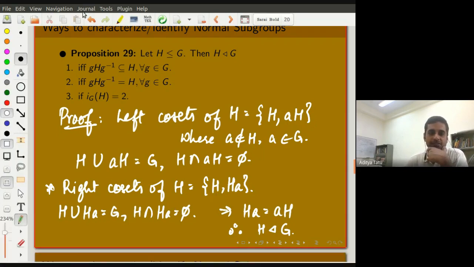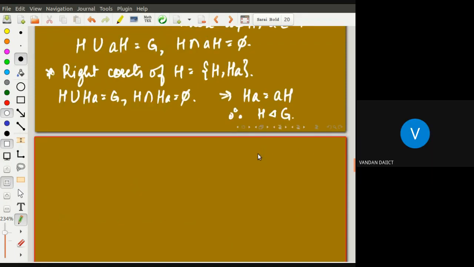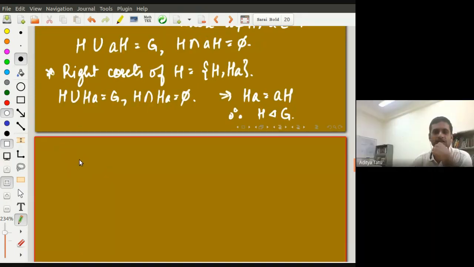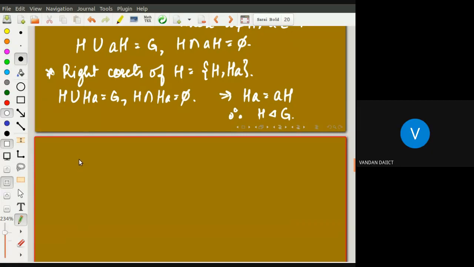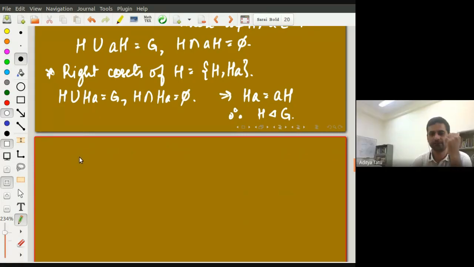Can you see examples of this? Yes, sir. D3. Okay, can you give me one normal subgroup of D3 according to this? I, R, R square. Right. Group is D3.